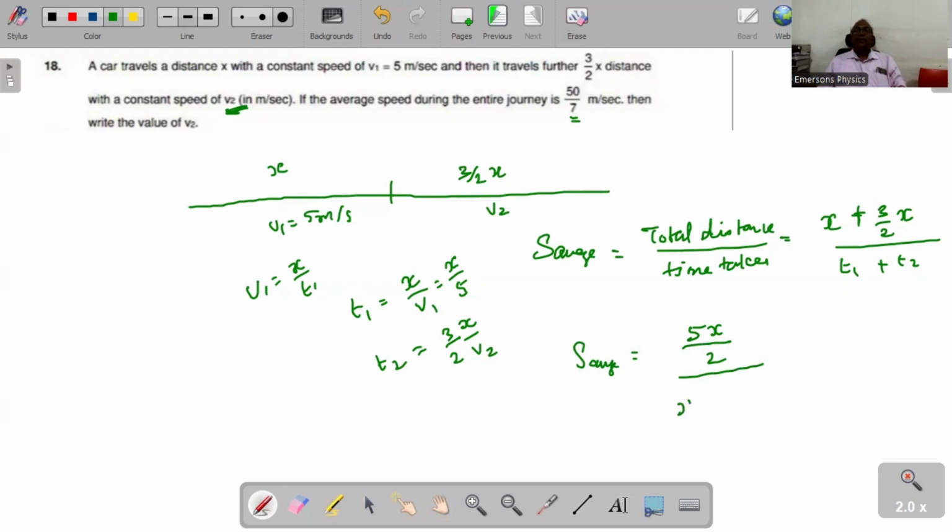We can take x common, 1 by 5 plus 3 by 2 V2. We wanted to find out V2, where the average speed is 50 by 7. We know x and x can be cancelled.